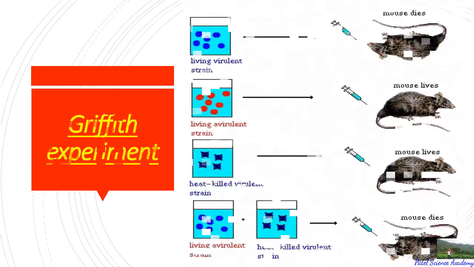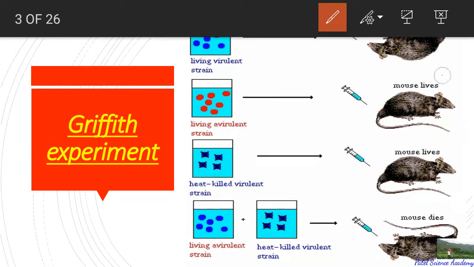R type strain. So this is that R type strain, which was avirulent or non-virulent, which didn't cause death, and it was non-pathogenic. So what happened when he injected the R strain bacteria into the body of the mice?